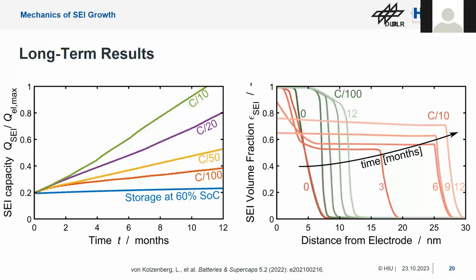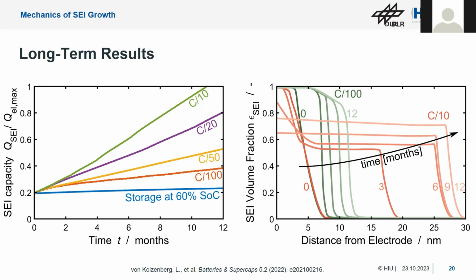We see at these very low rates, the SEI stays intact, but at C over 10, which is a high rate in this case, the SEI flow, the SEI deformation is so strong that it cracks through up to the electrode, and within one cycle, it can't heal.